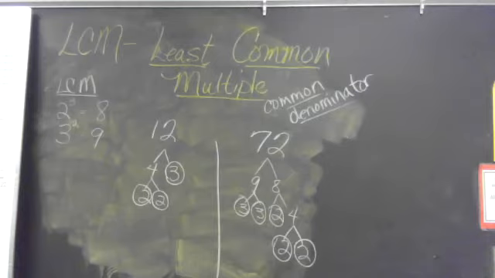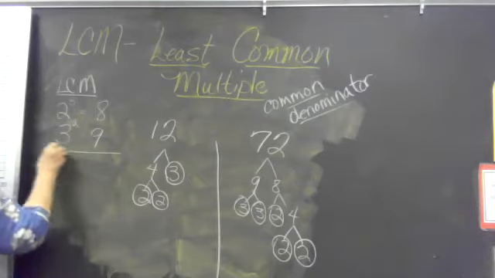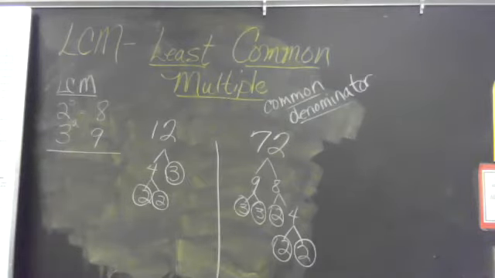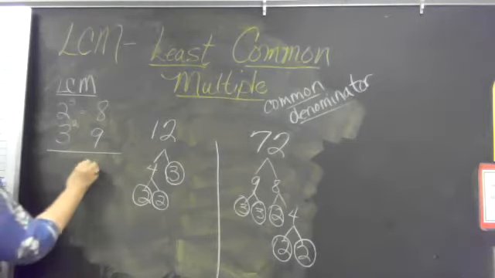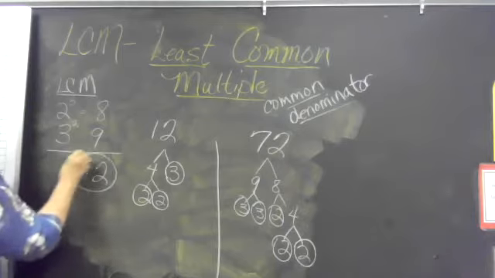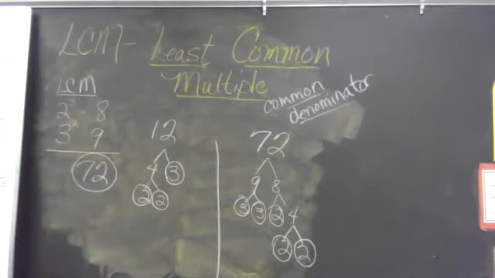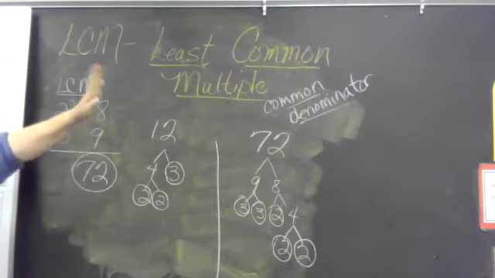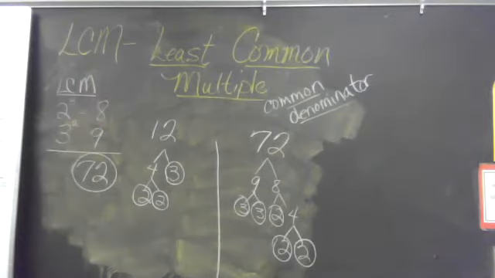Okay, and then you multiply these together and we get 72. Will be our common denominator, or yeah, common denominator, least common multiple.